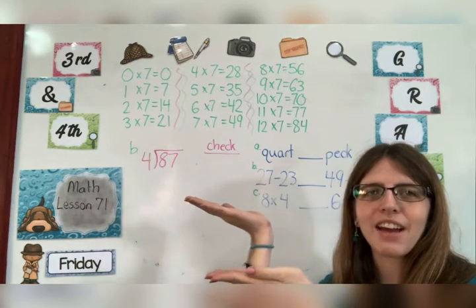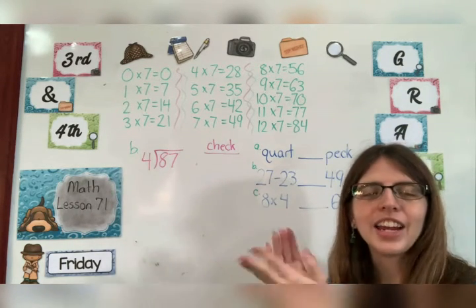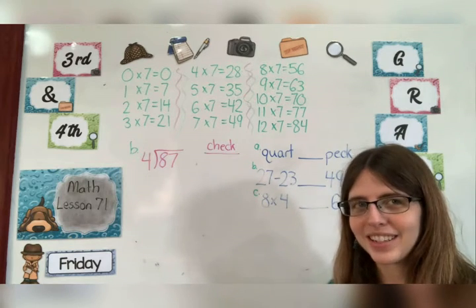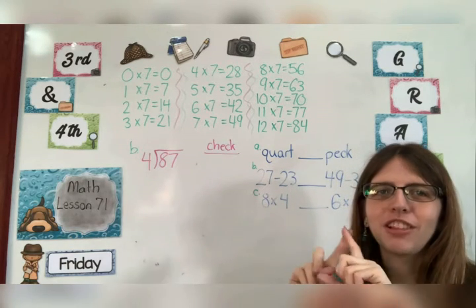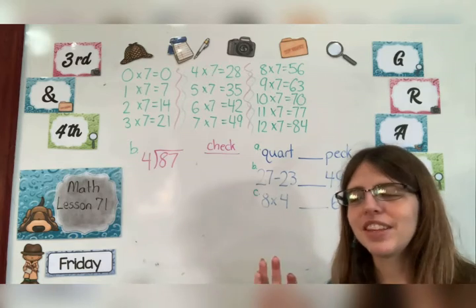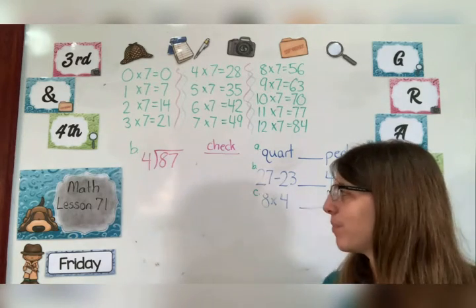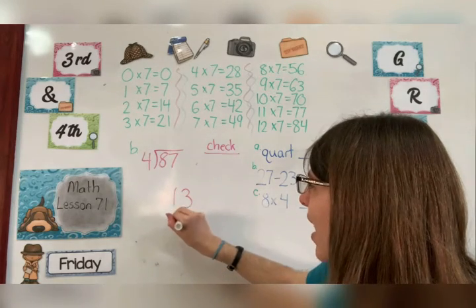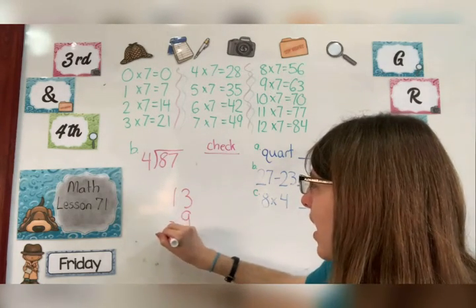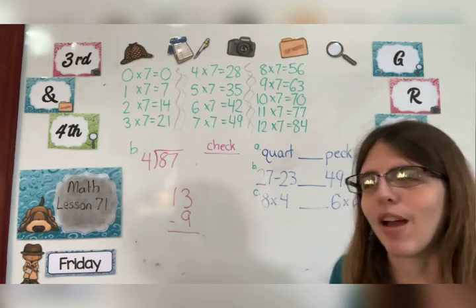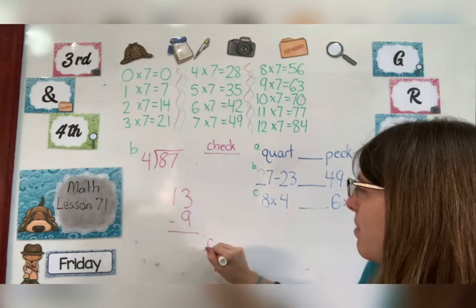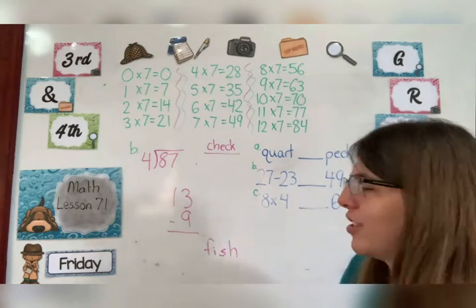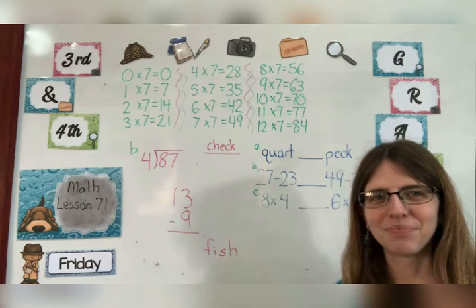Well, when I have that phrase, how many more, I know that means to subtract. So I subtract, putting the larger number on top and the smaller number on the bottom. So you have 13 fish that Dad caught, 9 fish that Joshua caught. In the workspace, you need to subtract to find out how many more fish Joshua's dad caught.